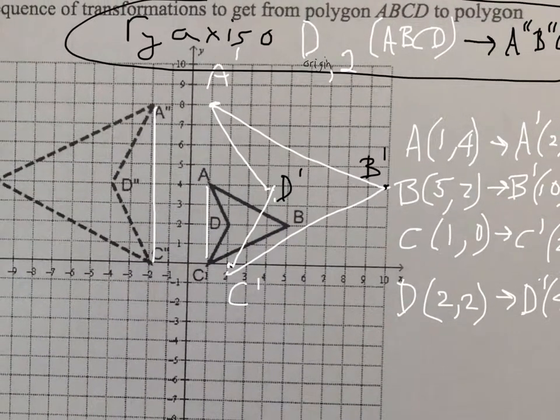Well, one way is to actually draw in lines that connect the image with the pre-image. And when I do that, all four of those lines end up meeting at the same point right here, the origin.